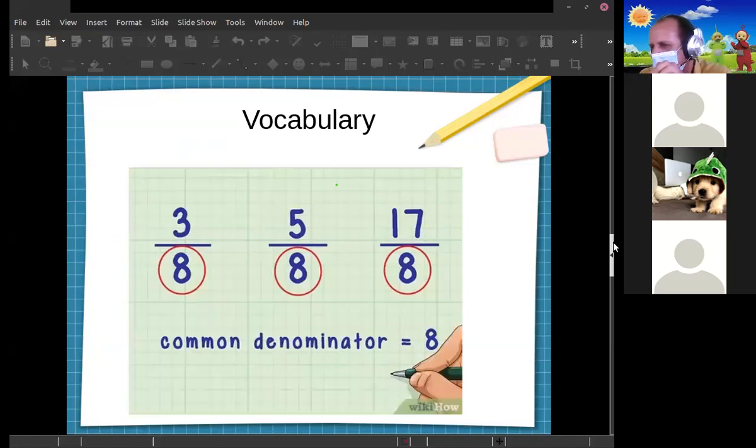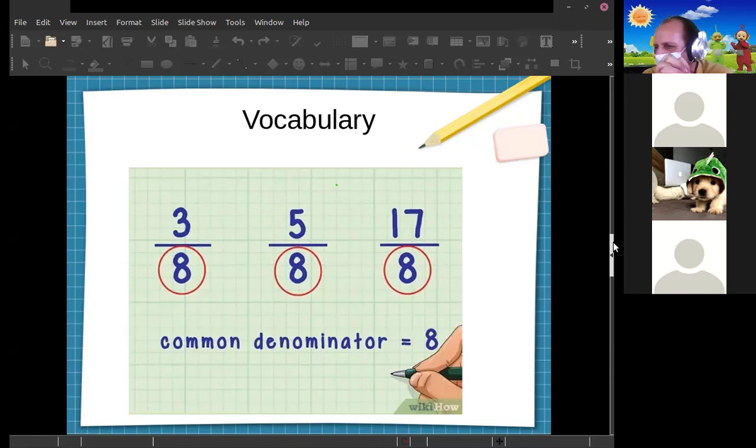So now we come to common fraction. A common denominator means the lower number, all denominators have the same number. It's easy to add or subtract or divide or multiply to make them equal. So when we add numbers, I need to equalize the denominators.